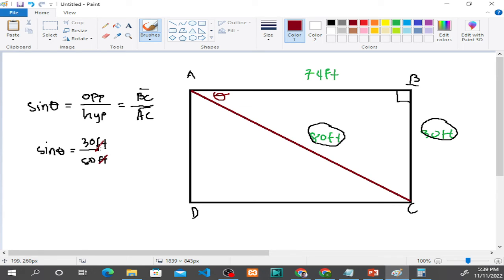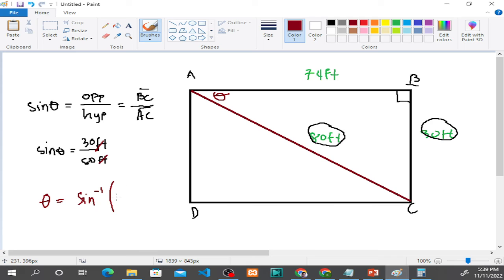So right now, this is the value of the sine of the angle. So to get theta, you type arc sine, or sine raised to the negative 1, of 30 all over 80.